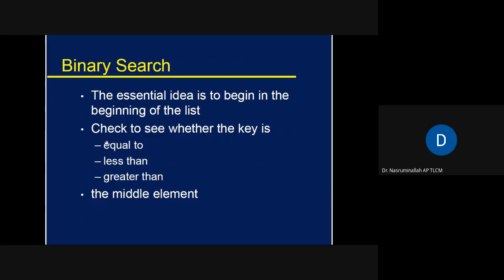To explain the main idea of binary search, for a binary search the idea is that you start from the start of the list or the data, as we did in the case of linear search.